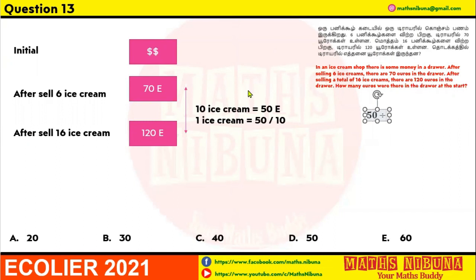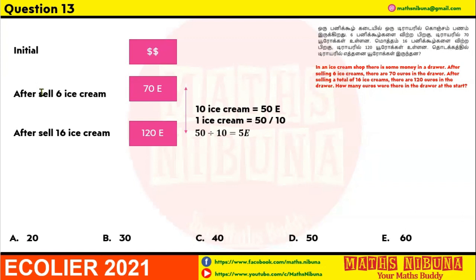Normally you use this symbol, I think, in standard 3. 50 divided by 10 equals 5. That means one ice cream equals 5 euro.